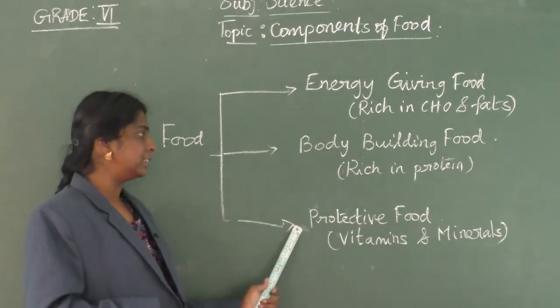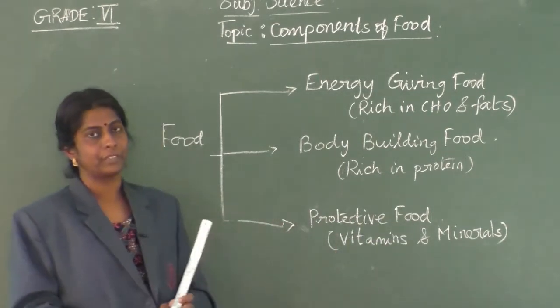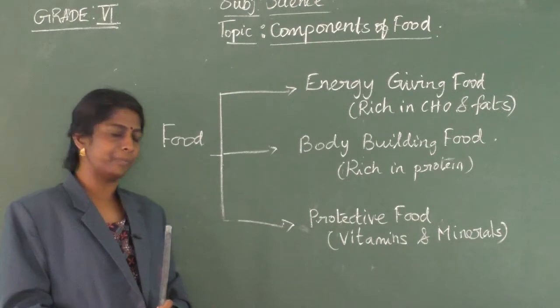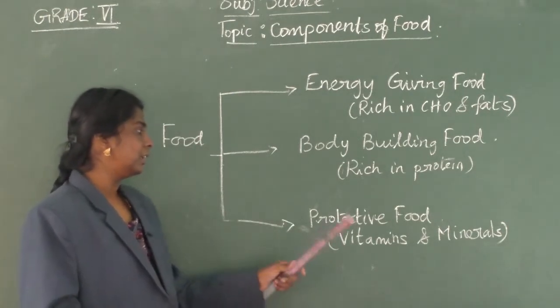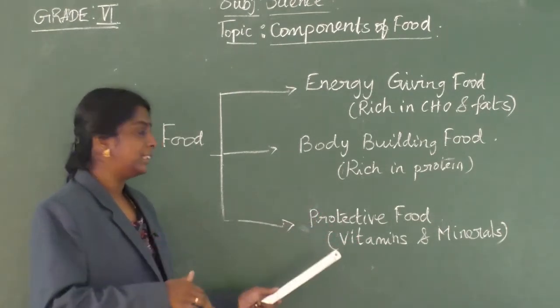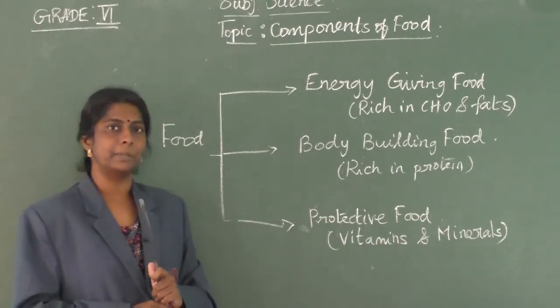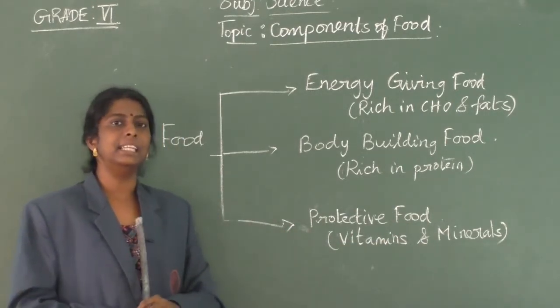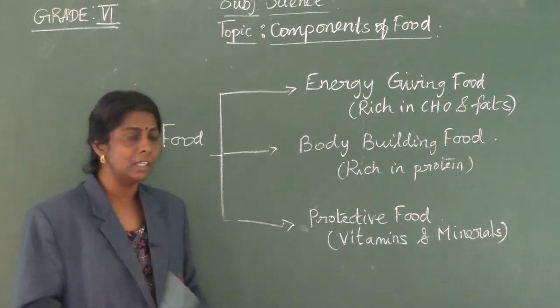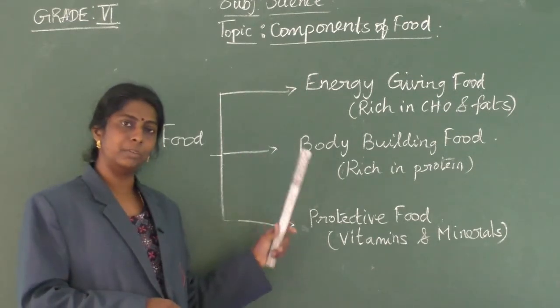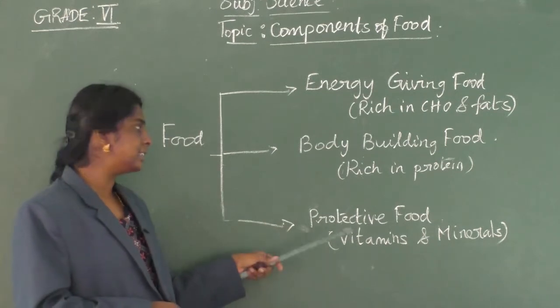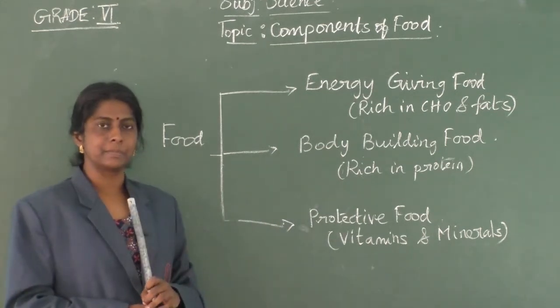Third classification is protective food. Okay, so here the food will be rich in vitamins and minerals. Vitamins and minerals. So basically food is divided into three types. One is energy giving, another one is bodybuilding, and third one is protective food.